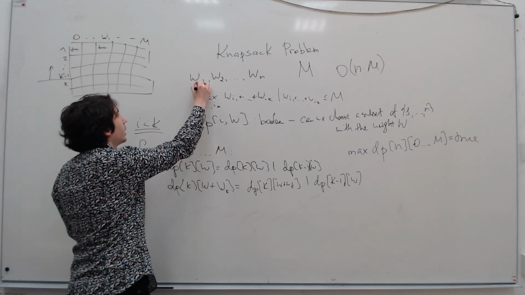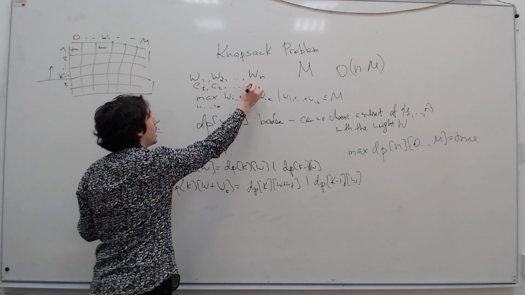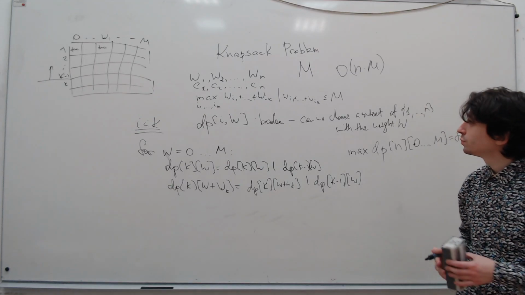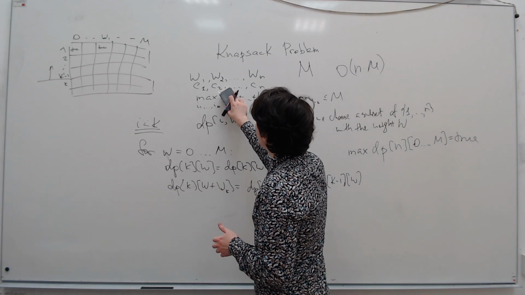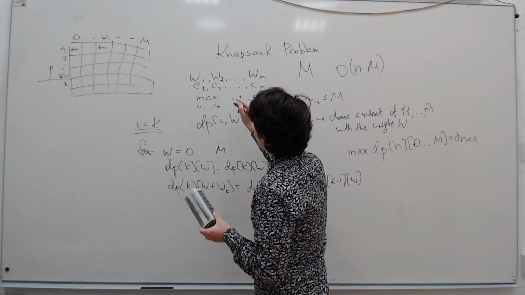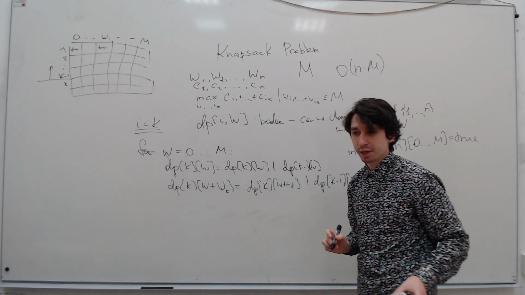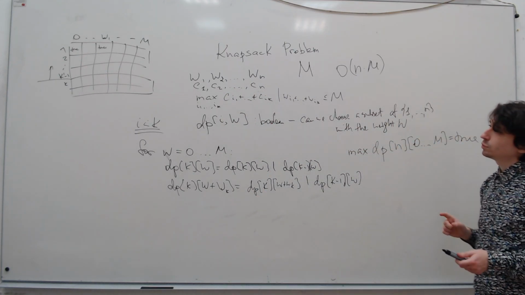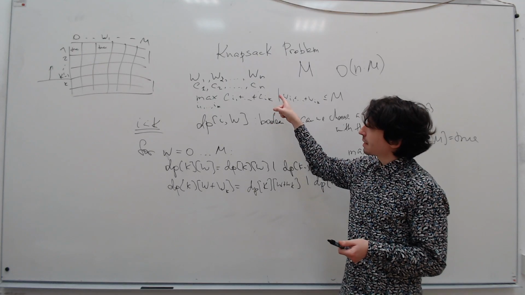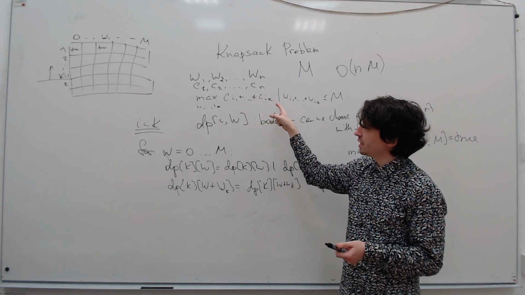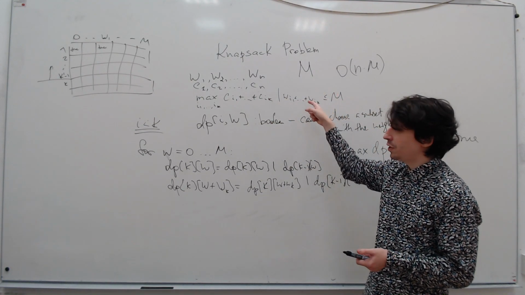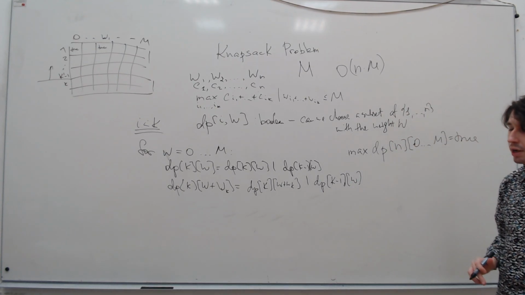So right now we have each element has cost. And you want to calculate not their maximal weight that can be fit, but the maximal cost that can be fit in a knapsack. So you want to find such a subset of the elements so that their cost is the maximal possible, but at the same time it still fits into the knapsack.